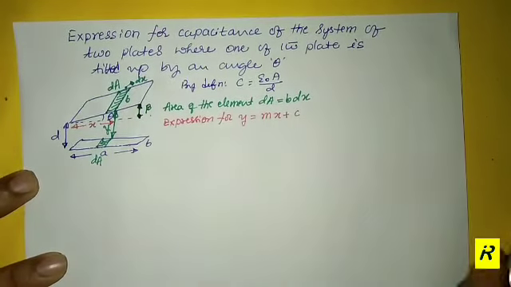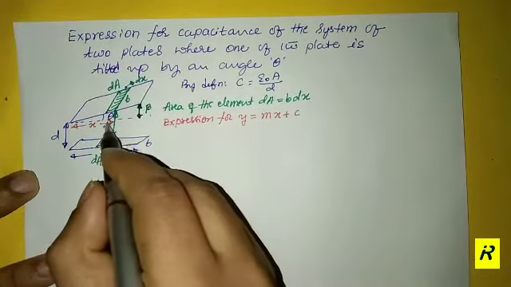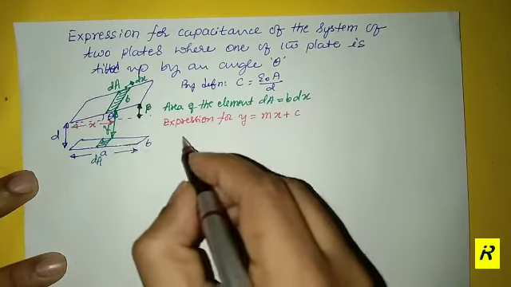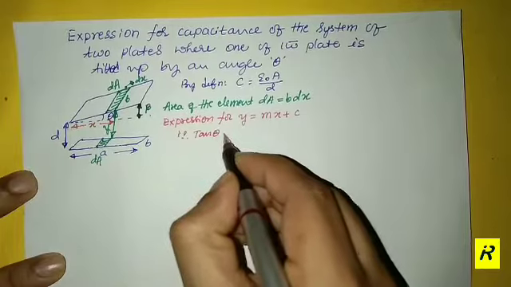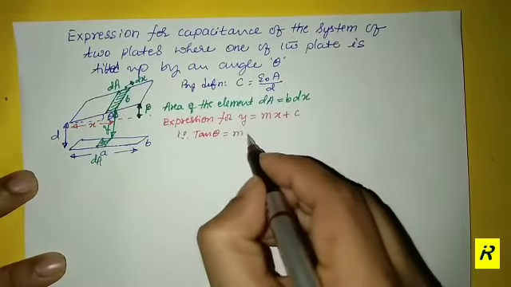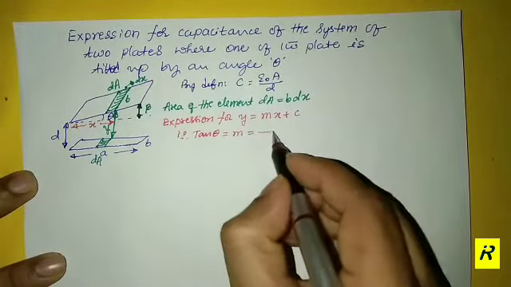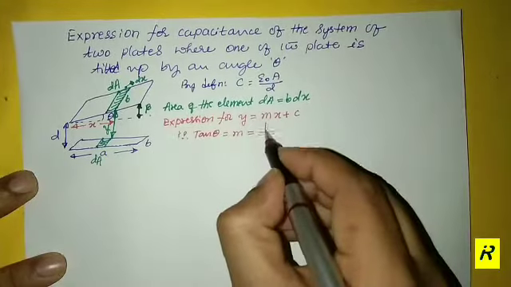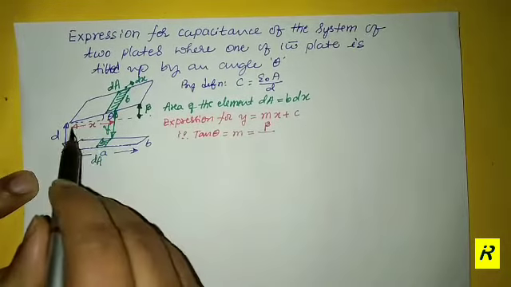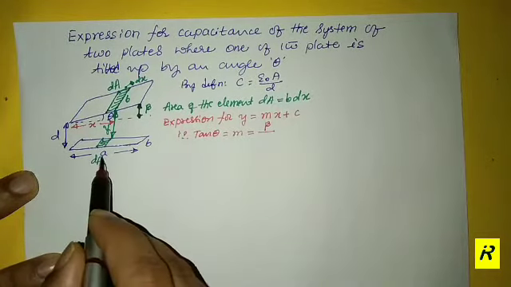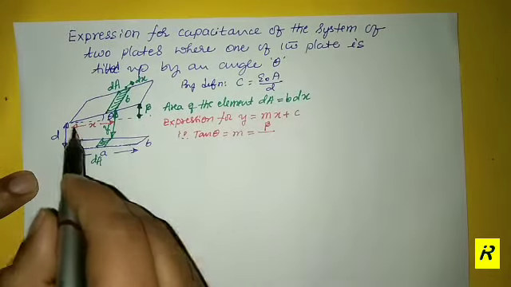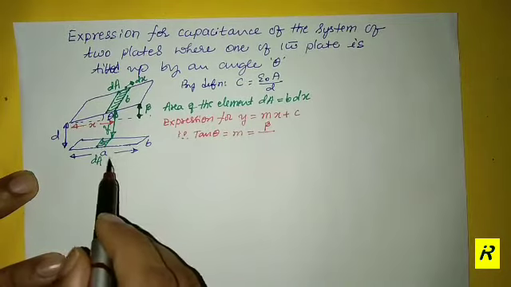So what is this theta here? We use tan theta, and tan theta is nothing but our slope, which equals the opposite side, which is beta, divided by this length, which in total is a. From this end to this end, the edge length is a.